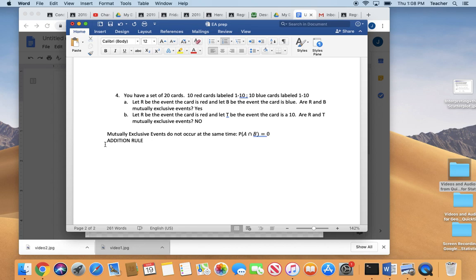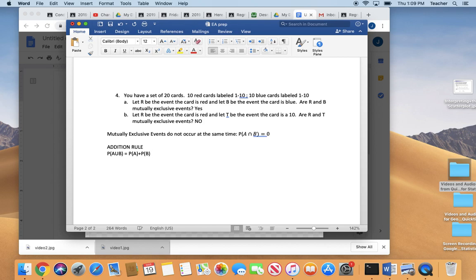All right, so the addition rule real quick. One more time. If you have events that are not mutually exclusive, which means there's going to be some overlap, you want to make sure that you don't double count the overlapping parts.